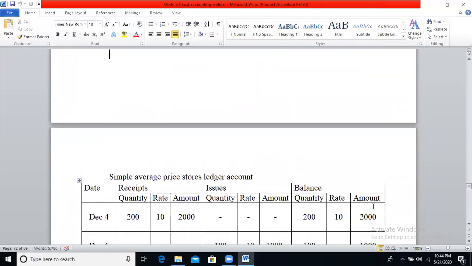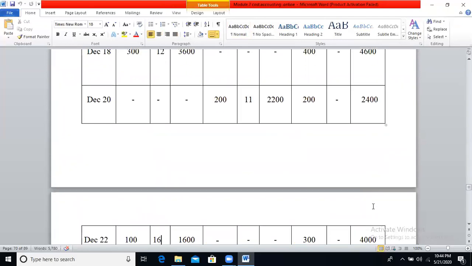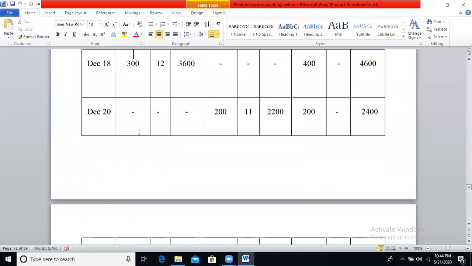And the next transaction is December 25th, we are issuing 200 kg. So December 25th, issue of 200 kg. So see the previous balance quantity. How will you get this 300? This 300 includes 100 units on December 22nd receipts and 200 units on December 18th receipts.